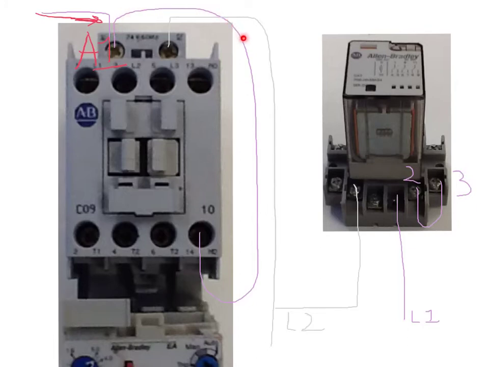So this wire here comes all the way down, and it terminates on number 14 down here. So that jumper is going to be important for us anytime we're doing a motor starter. That's going to have to be installed so that we can maintain that motor starter and maintain that process.